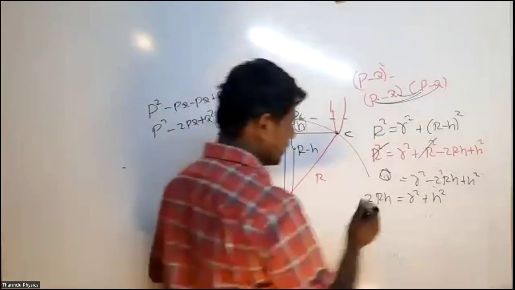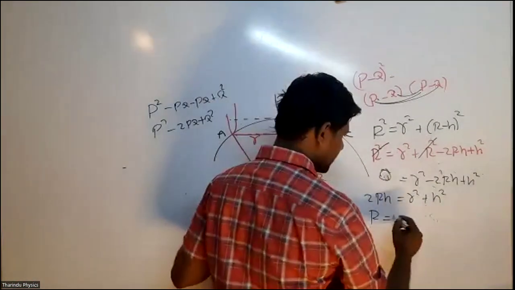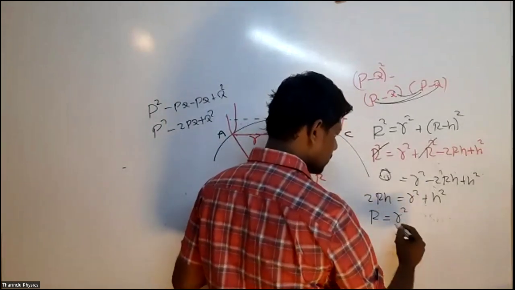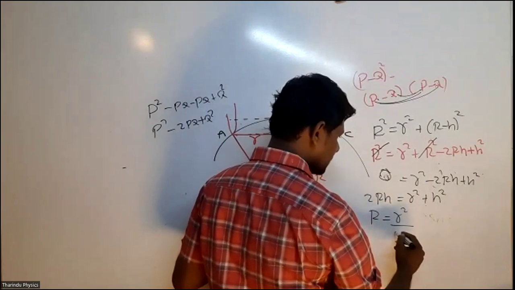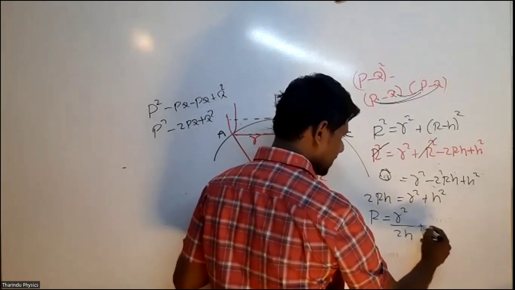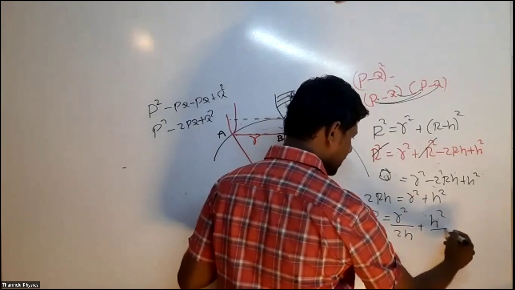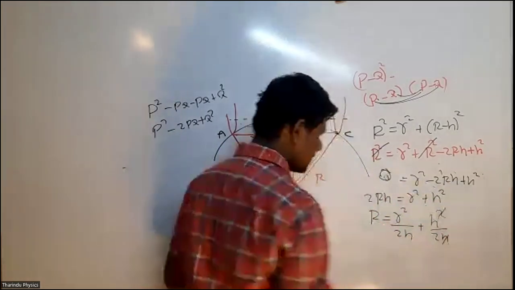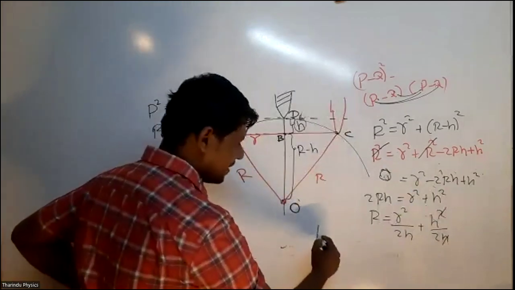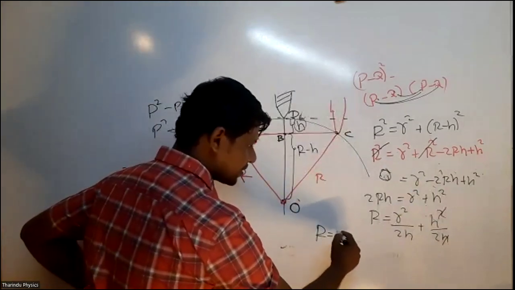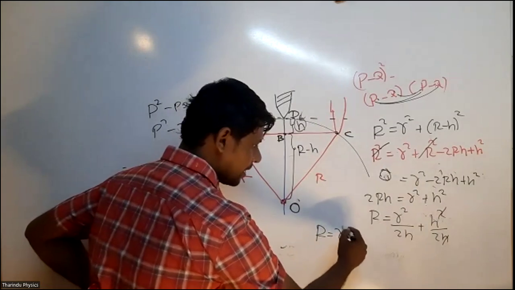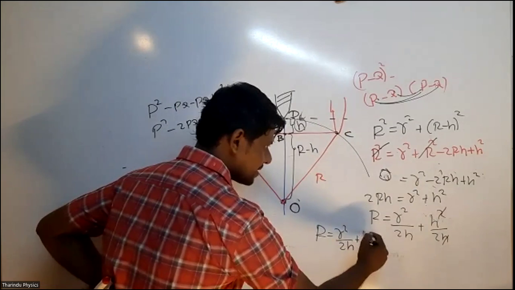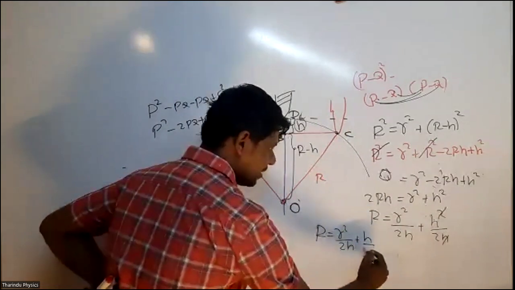Now you want to find out R. What are you going to do? R square over 2h plus h square over 2h. Now one h is gone, so your equation will be R equals R square over 2h plus h over 2.